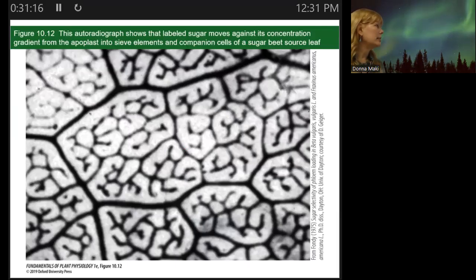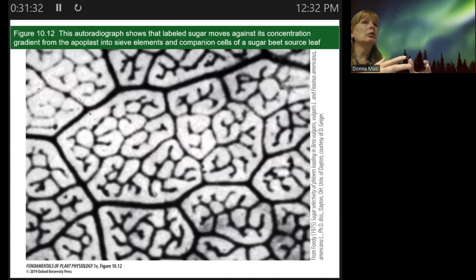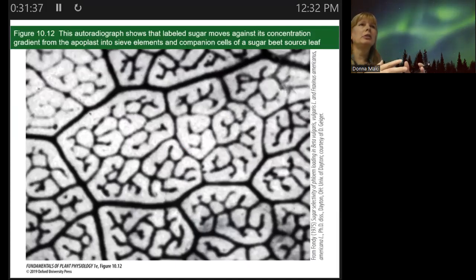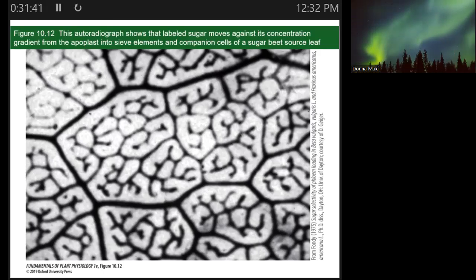What this is trying to demonstrate is that all the spongy mesophyll and the palisade parenchyma cells, all of those cells in the leaves, are all doing photosynthesis, all making sugar, and all of that sugar has to get loaded into the closest vein. So that's a lot of sugar getting dumped into the vein, and that's why all of the vein tissue has popped black. It shows there's a lot of sugar.